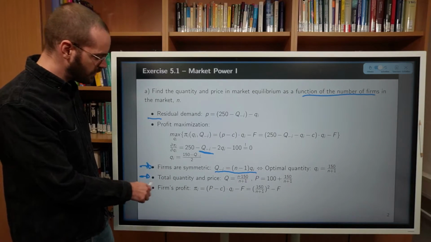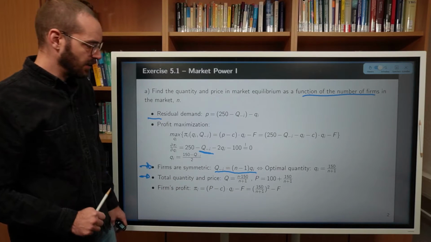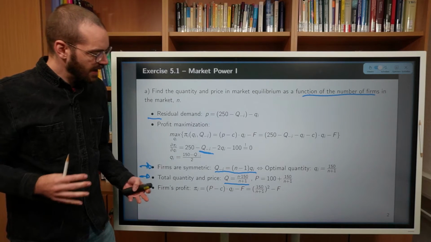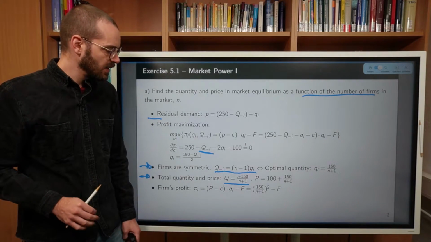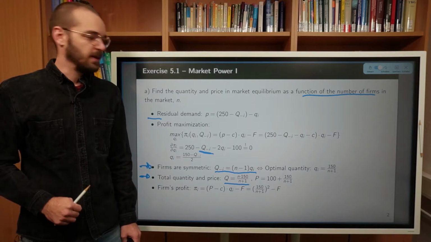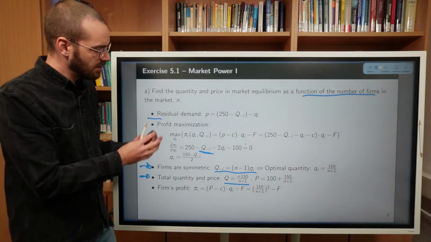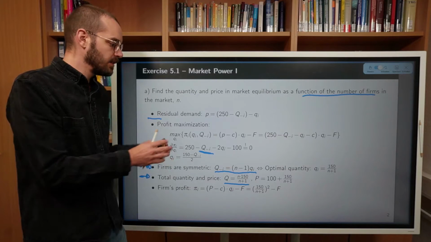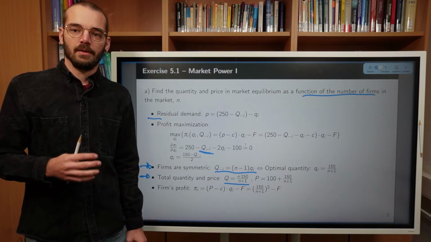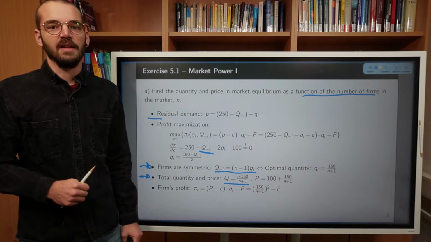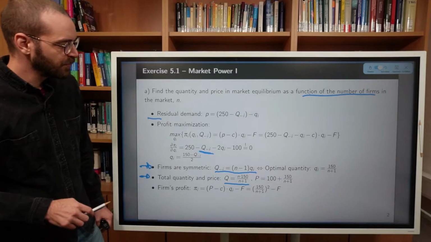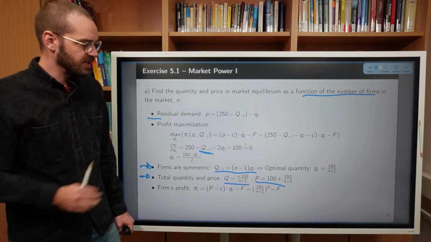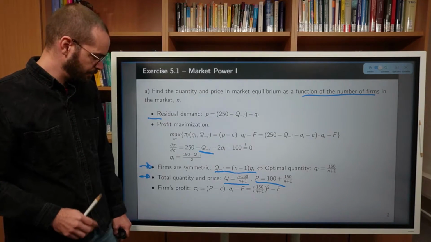And that is first the total quantity in the market, which results as capital Q equals n times 150, all divided by n plus 1. And then, using this total quantity in the market, of course, by plugging this value into our demand function, we can find the equilibrium price in the market, which turns out to be 100 plus 150 divided by n plus 1.